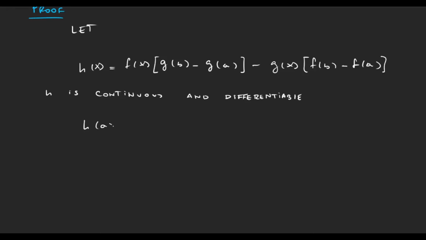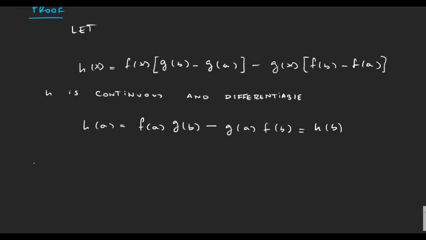and also h in a is equal to f in a times all this minus g of a times all this, and well, some terms will cancel out, so I'll leave it to you to show that h in a is f in a times g in b minus g in a times f in b, and this is equal to h in b.